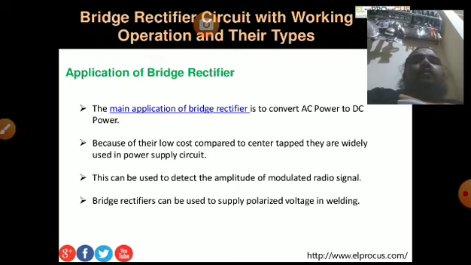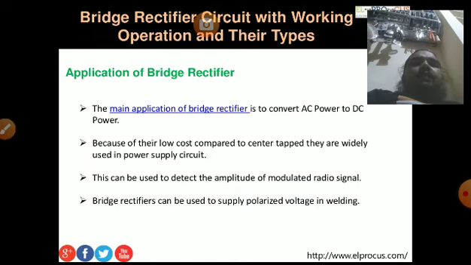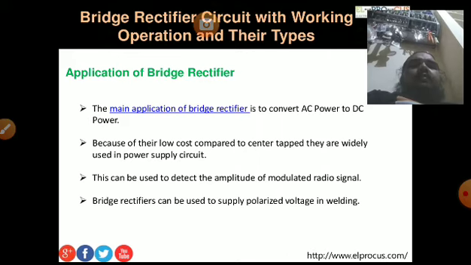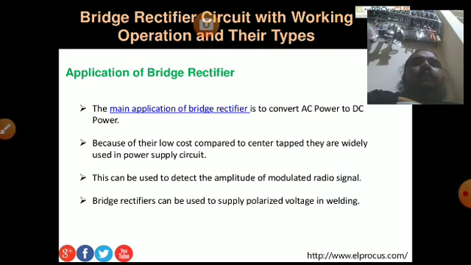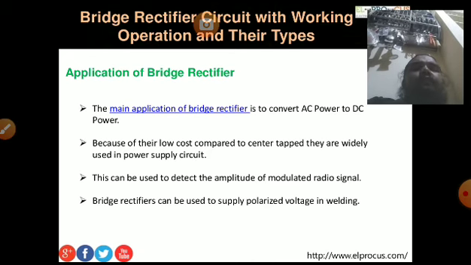Because of their low cost compared to center tapped rectifiers, they are widely used in power supply circuits. It can be used to detect the amplitude of a modulated radio signal. A bridge rectifier can also be used to supply polarized voltage in welding.